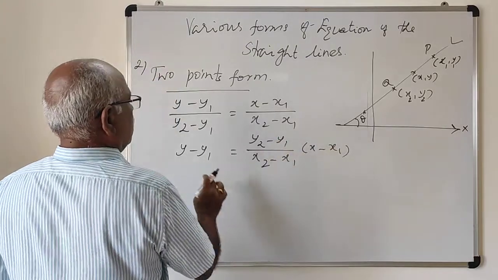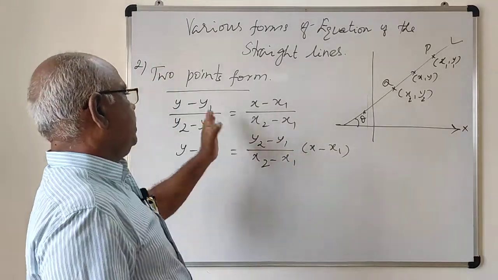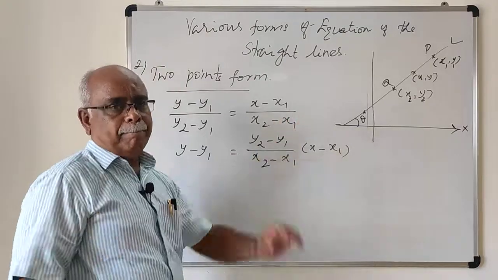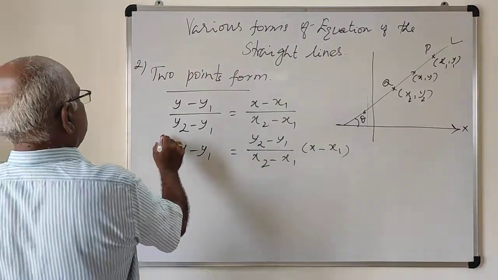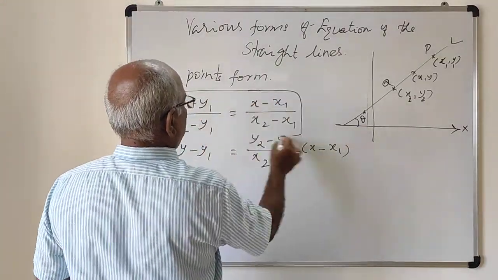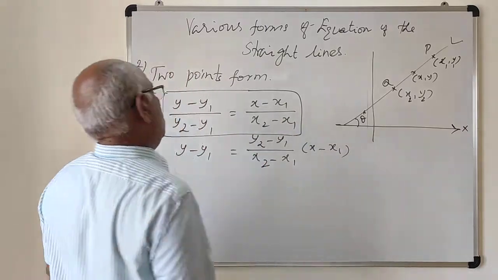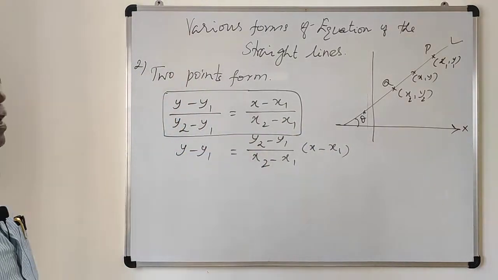This is the slope. It can again be converted into point slope form using this equation.